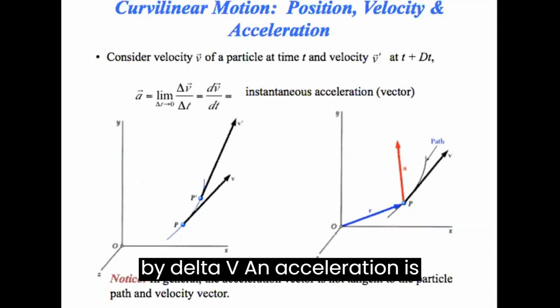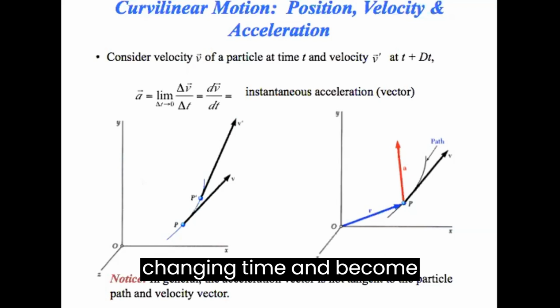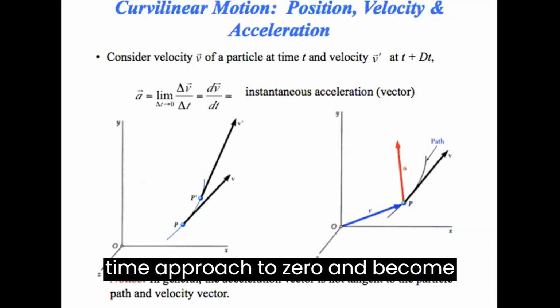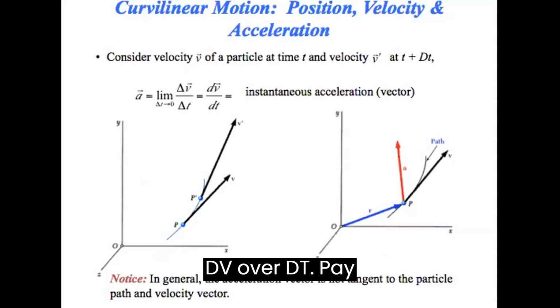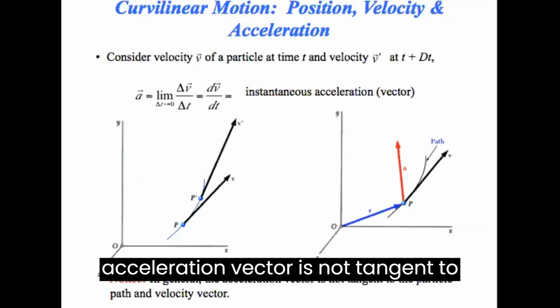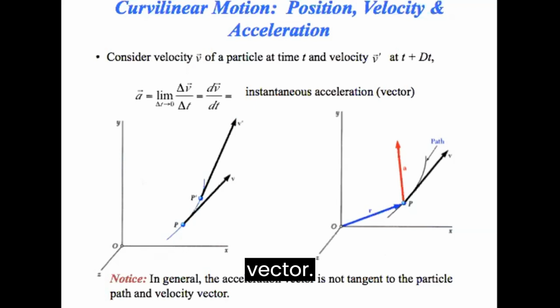Acceleration is the change of velocity over the changing time, and becomes instantaneous acceleration when time approaches zero, and becomes dv over dt. Pay attention: in general, the acceleration vector is not tangent to the particle path and velocity vector.